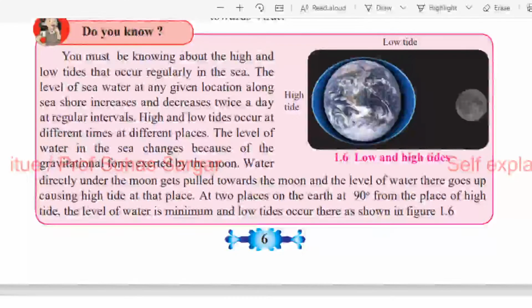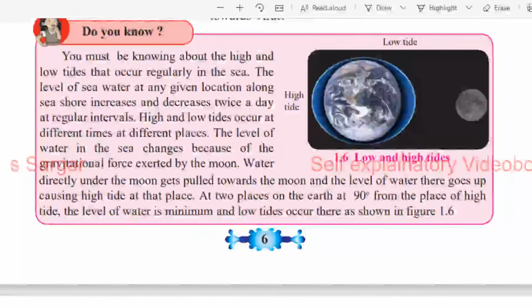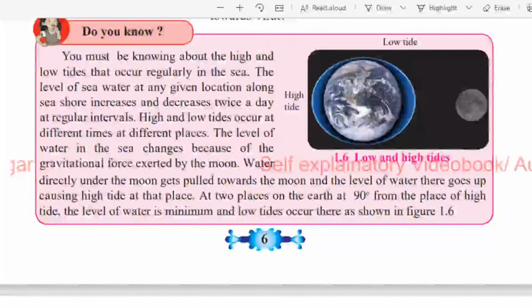Water directly under the moon gets pulled towards the moon, and the level of water there goes up, causing high tide at that place. At two places on the earth at 90 degrees from the place of high tide, the level of water is minimum and the low tide occurs there, as shown in figure 1.6.